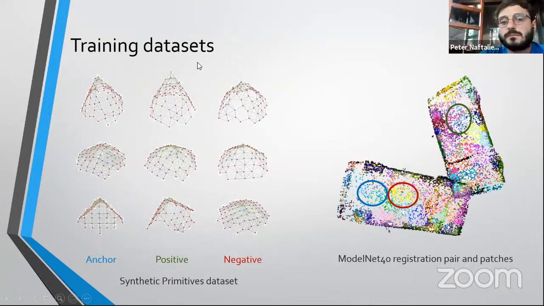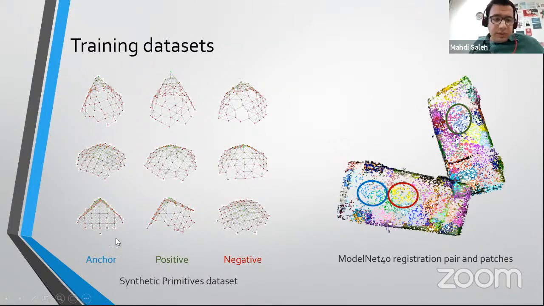In terms of training, this data set is around a couple of thousand synthetically generated shapes, and this ModelNet data set is quite small. Per category, for example for car, you might have 100 instances, so you only have 100 car shapes that you can train on.